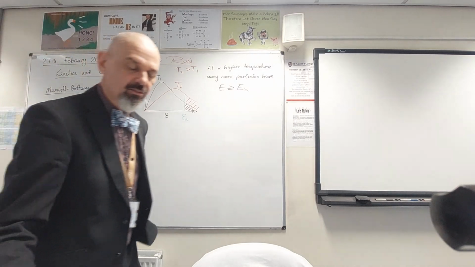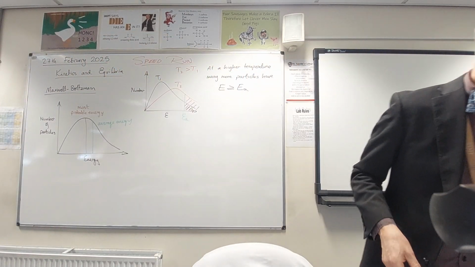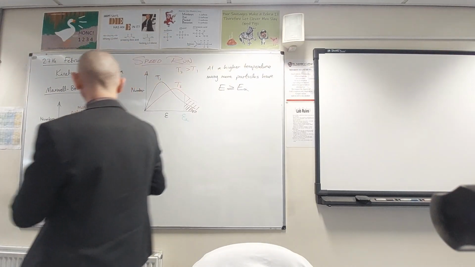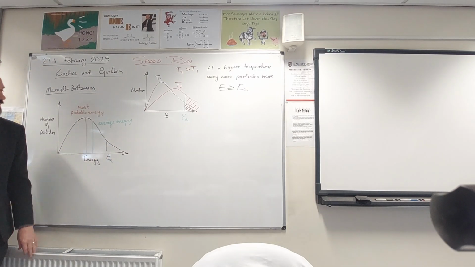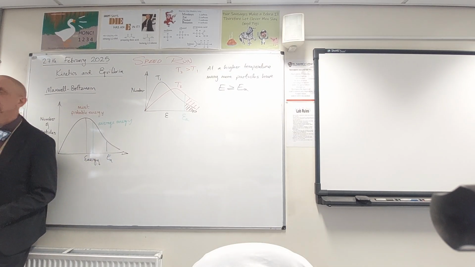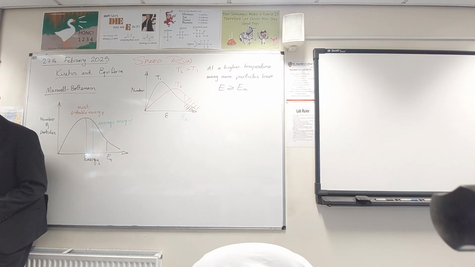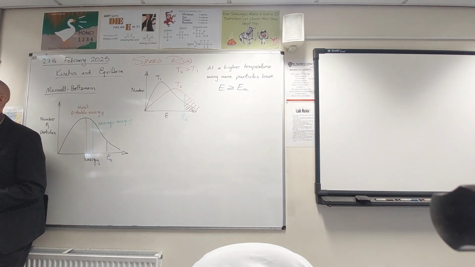Okay, the other thing that we could show on this graph, I'm going to show it on this one over here, is if we had the activation energy there, what happens if we add a catalyst? John? The activation energy is lower.